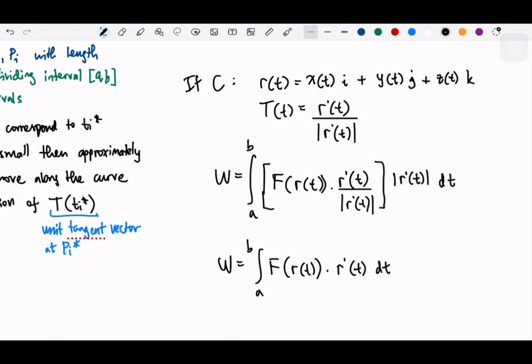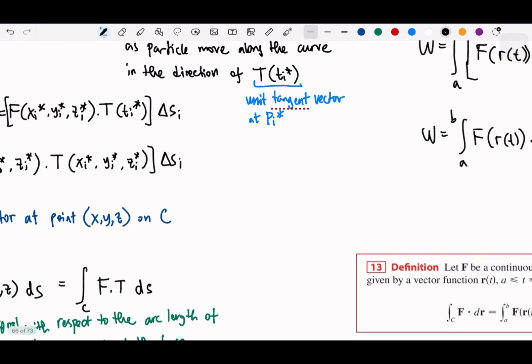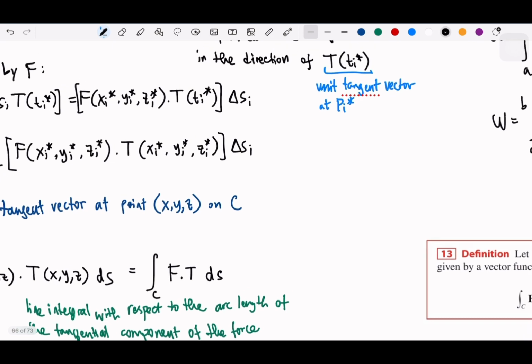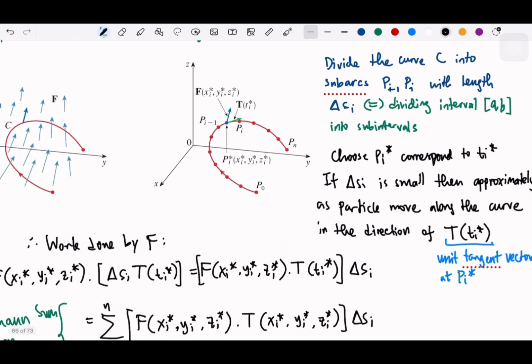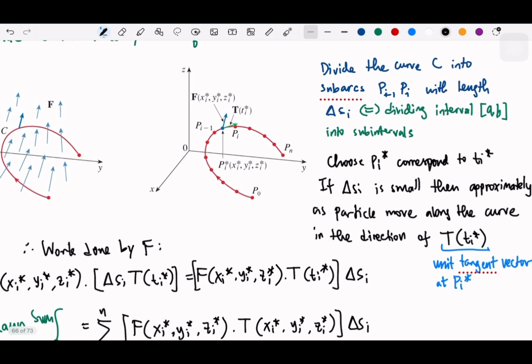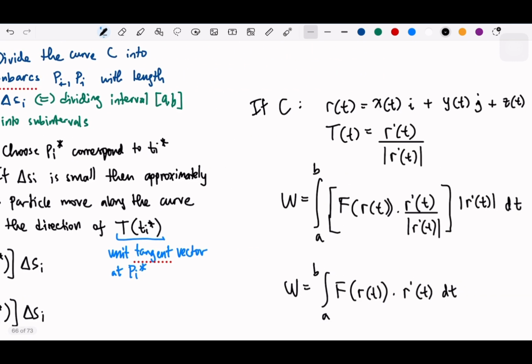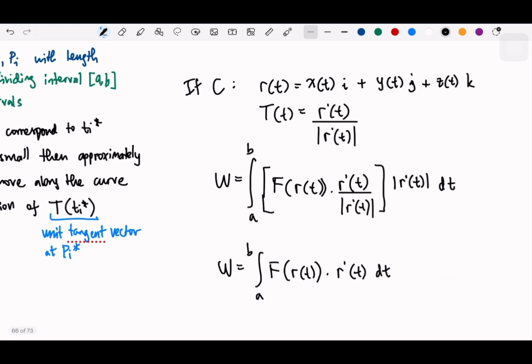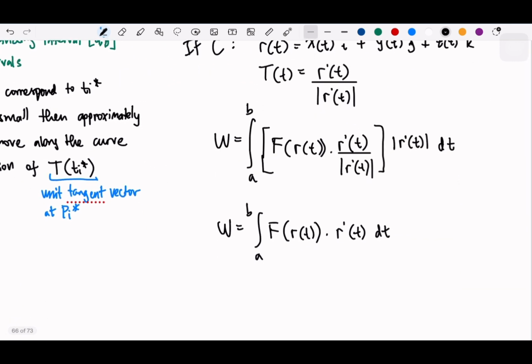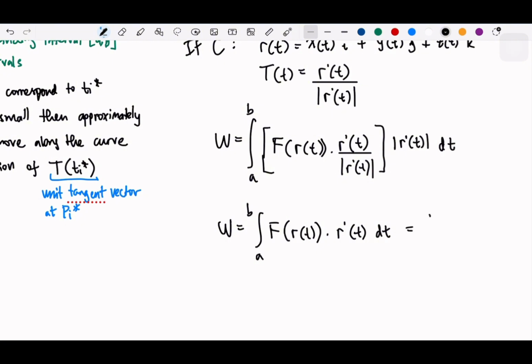So this is equal to the line integral of f dr that we defined previously. So we can write this actually as the line integral of f dot dr. And this basically becomes our definition now.